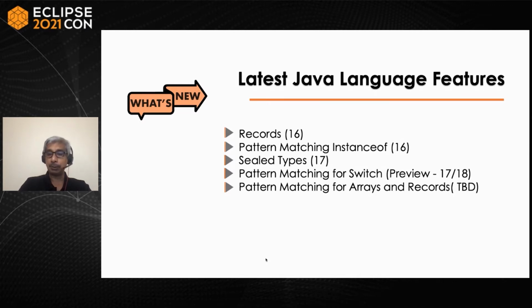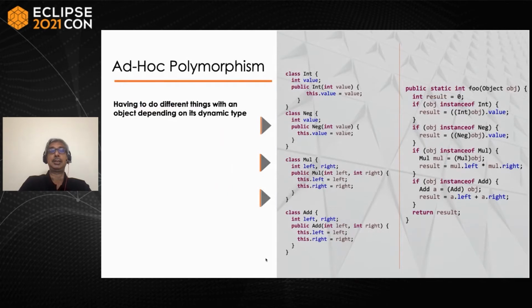Now, instead of going through all these features, in this talk let us take a look at some of the motivation for them. Why are these features there in the first place? Let's start with something called ad hoc polymorphism. This jargon is a little fancy, but this is something most of us would have used at some point or the other.